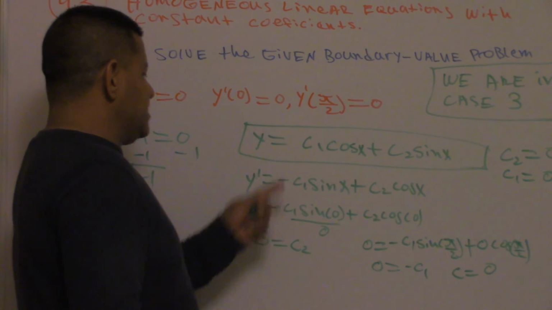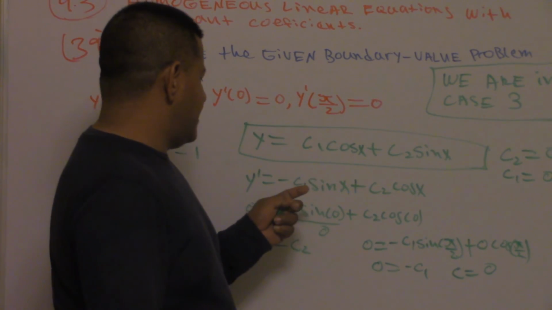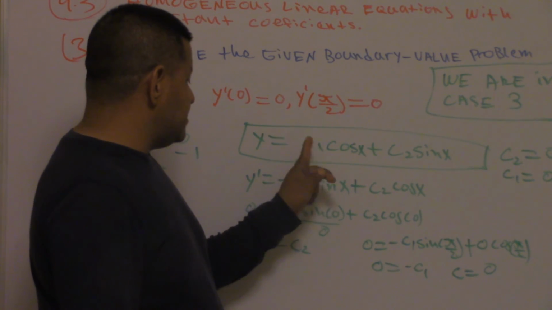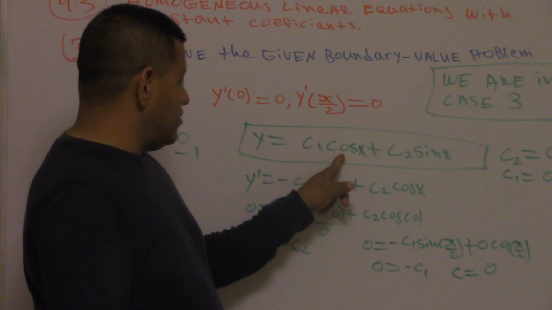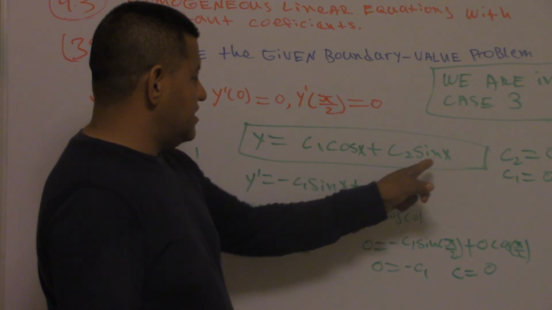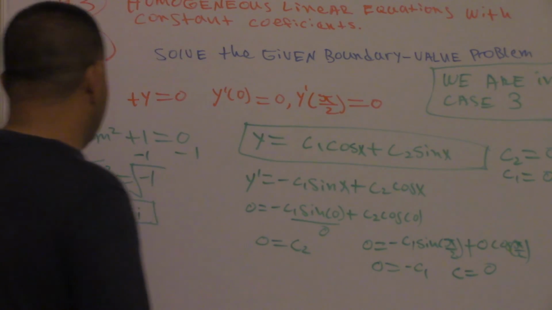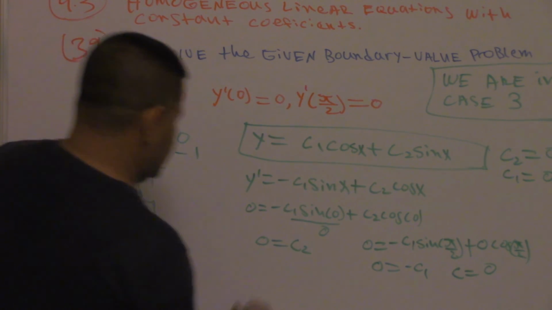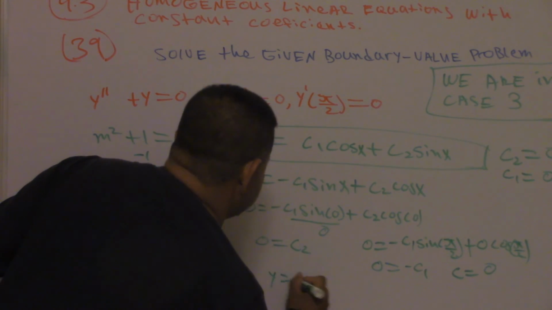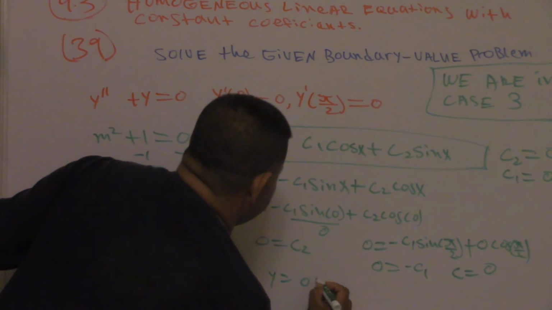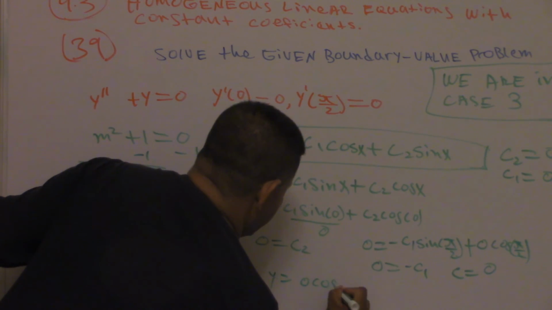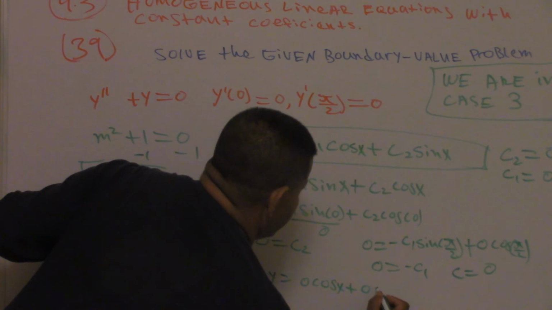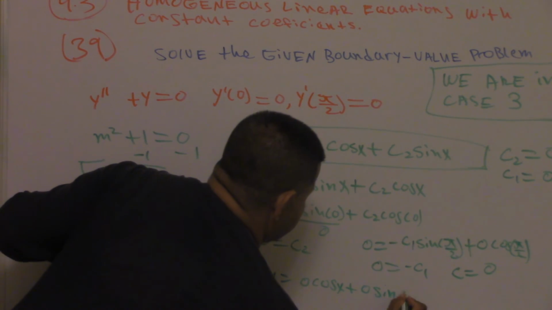Okay, so if c1 is equal to 0, look at this. If I plug in 0 for this, it goes to 0. So let's do it. It's going to be y is equal to 0 cosine of x plus 0 sine of x, right?